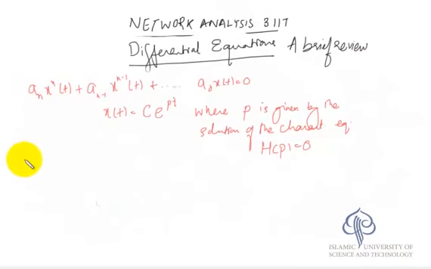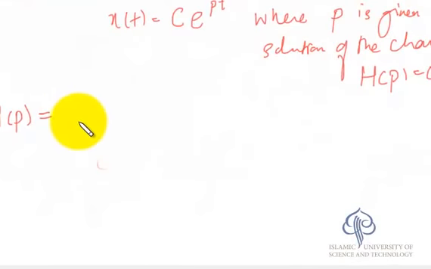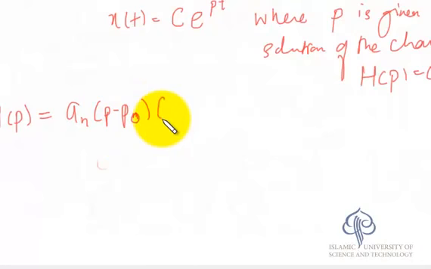So if you're able to factorize H(p), which is basically a polynomial in p, it is given by a (p minus p0) into (p minus p1) up to (p minus p(n minus 1)).